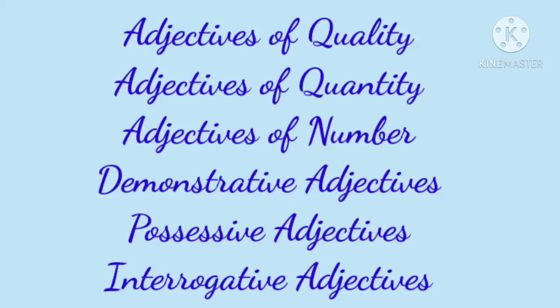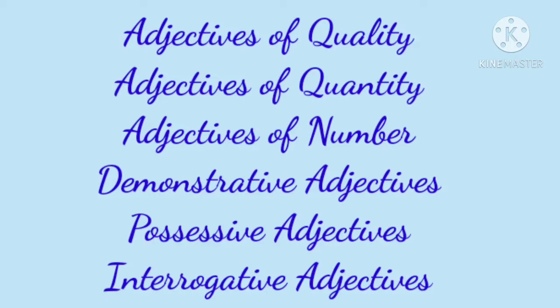Then next is adjectives of number. Adjectives of number tell us how many people or things are meant. They are always used with countable nouns.